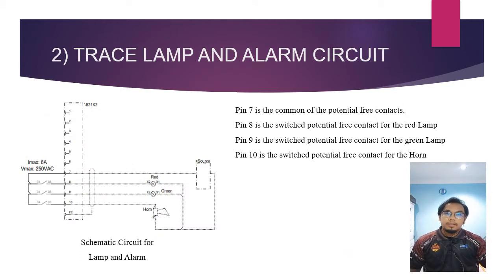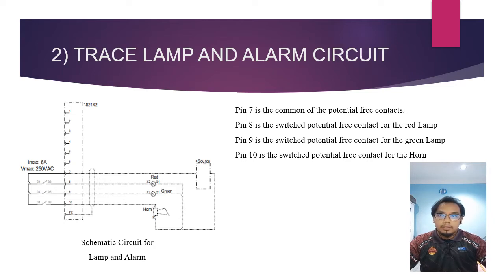For the next tracing task, the lamp and alarm circuit. As we can see in the schematic diagram, it uses module 821X2, which has 10 pins, of which pins 7, 8, 9 and 10 are connected.